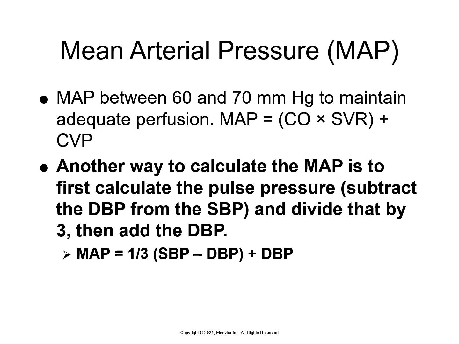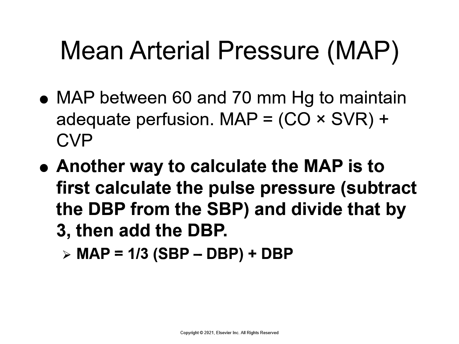The mean arterial pressure is defined as the average pressure in a patient's arteries during one cardiac cycle, one heartbeat.